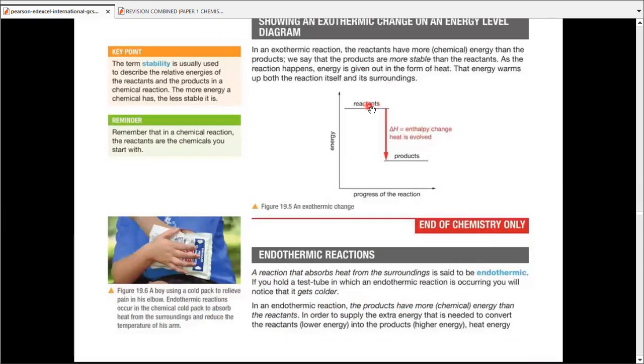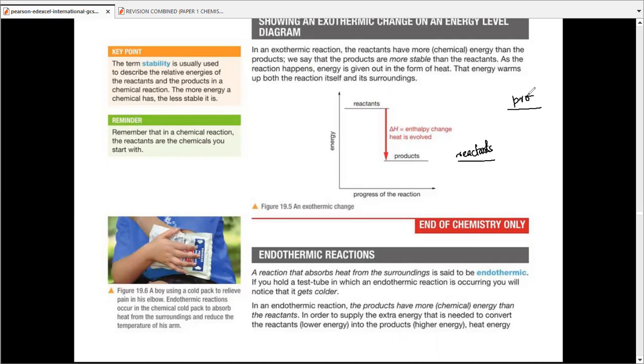Okay. In order to elaborate further, endothermic reaction is exactly opposite to exothermic reaction. Take a look. When we were discussing the diagram, reactants had more energy, products had less. Endothermic, if opposite, products would have more energy and reactants would have less. So it would be something like this. Reactants at bottom, right?